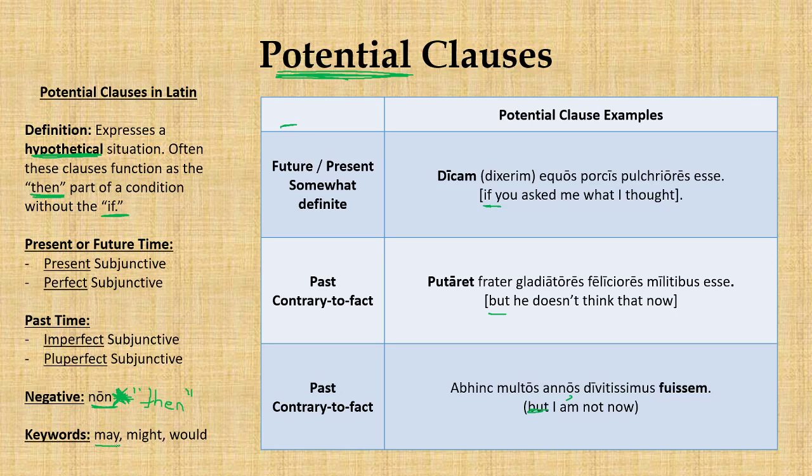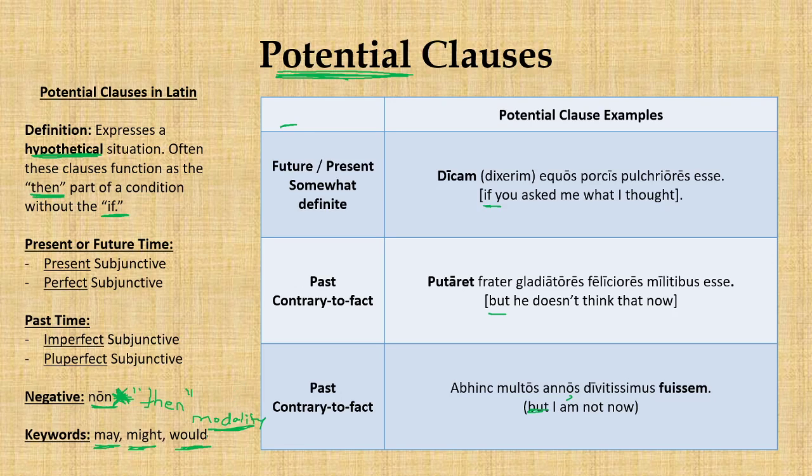The three key words you can think about when translating these potentials are may, might, and would. These are our English words that express this idea of modality, something that is hypothetical, or might possibly or could be or would be possible, but isn't necessarily true.